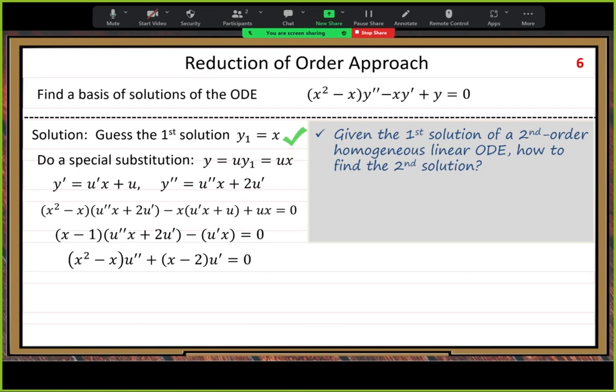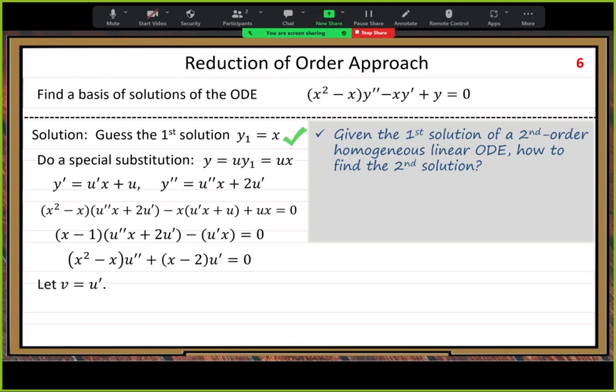Much simpler, because we know how to solve first order. That's why it's called reduction of order: we reduce the order from 2 to 1 after we introduce that v function.